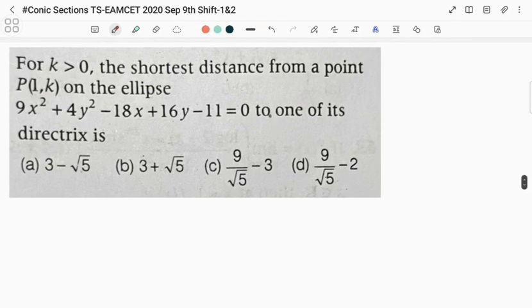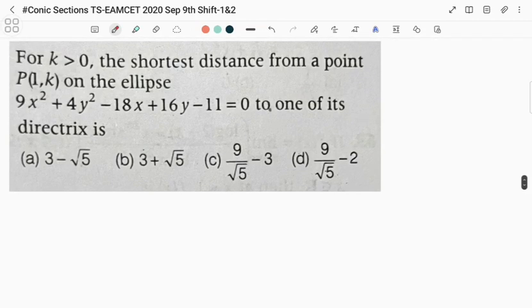Here the question is, the shortest distance from the point P(1, k) on the ellipse 9x square plus 4y square minus 18x plus 16y minus 11 equal to 0.